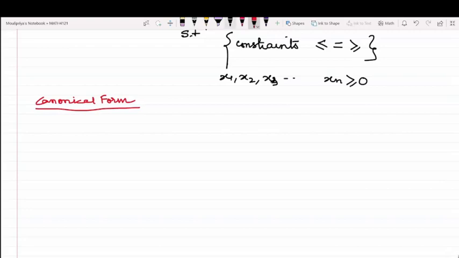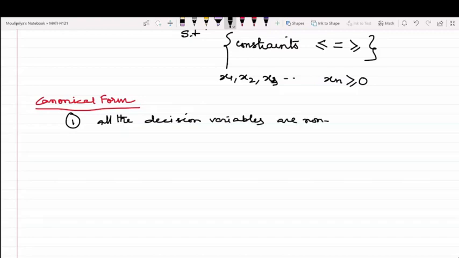What is the canonical form? We say that an LPP is in canonical form when, number one, all the decision variables are non-negative.